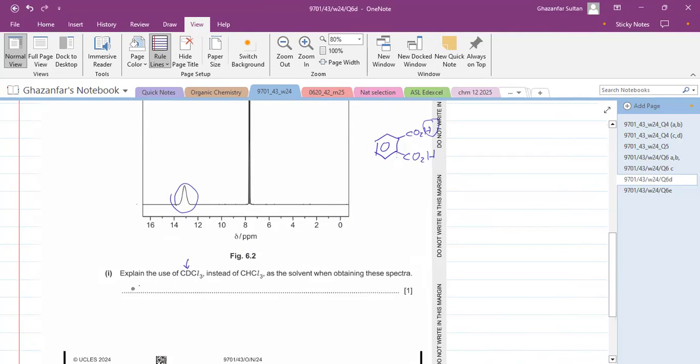So because CDCl3 has no peak, it does not interfere with the peaks of the sample.